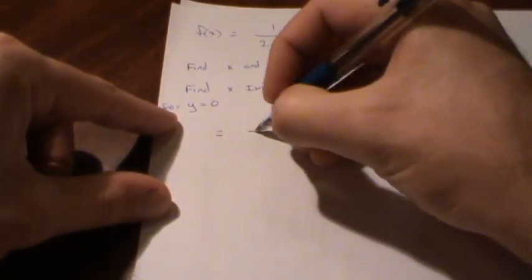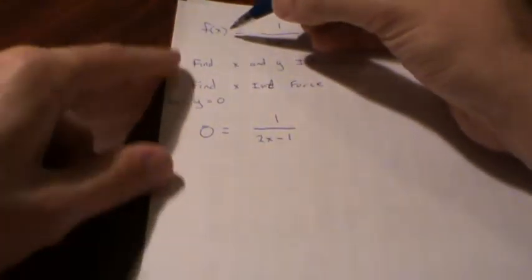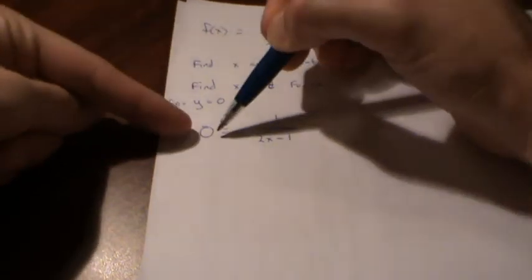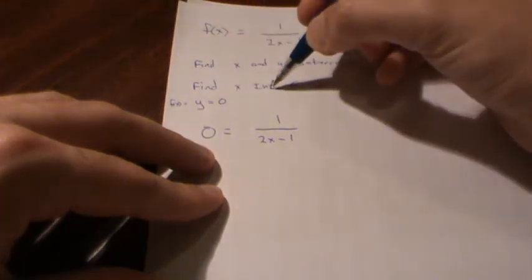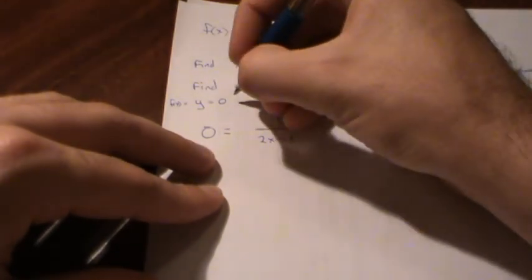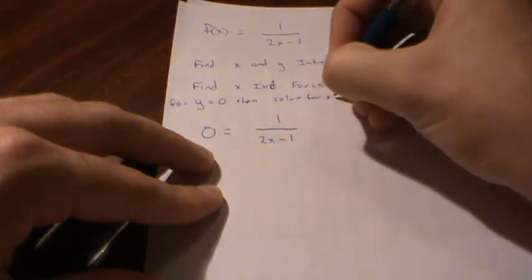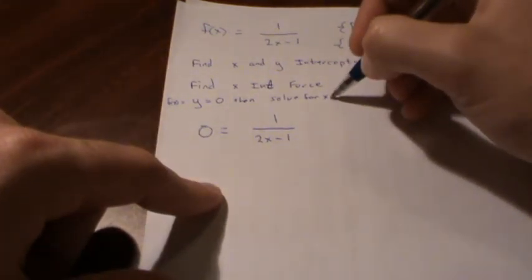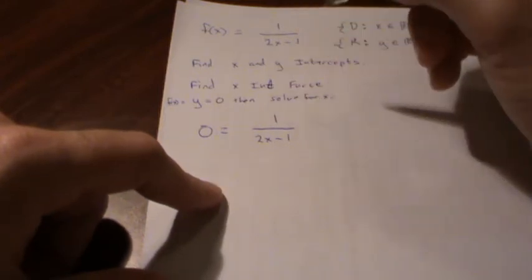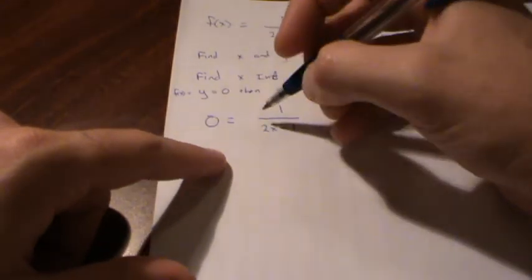So I take this function and I place it down here, 1 over 2x minus 1, and I force y, the y value, to be equal to 0. Then to find the x-intercept, you force y to equal 0, then solve for x. When you solve for x, that's going to be the y-intercept. Or sorry, the x-intercept.